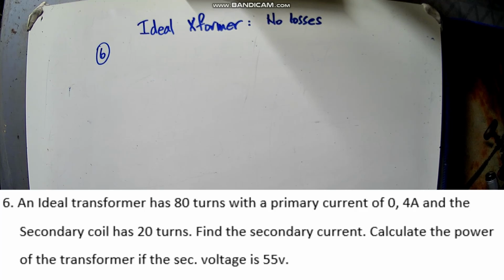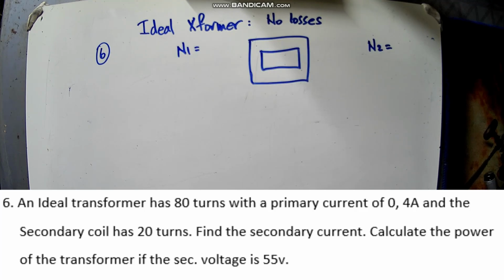Find the secondary current, and calculate the power of the transformer if the secondary voltage is 55 volts. That is a lot of information. It would be best to draw a transformer and write the values as N1 being the primary and N2 being the secondary. N1 versus N2 gives us something called a transformer ratio.